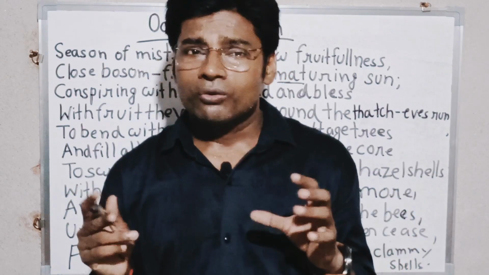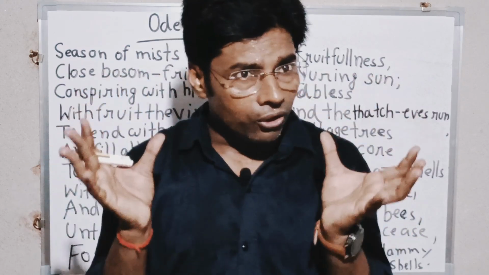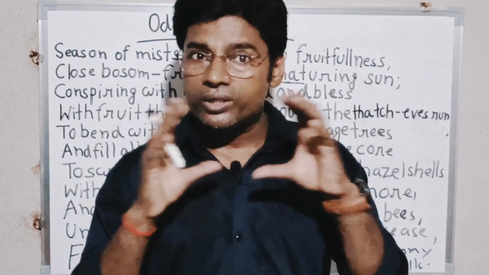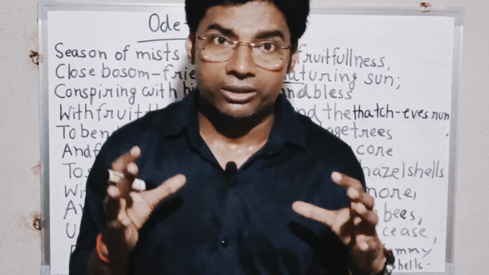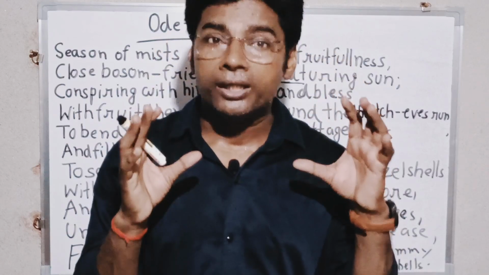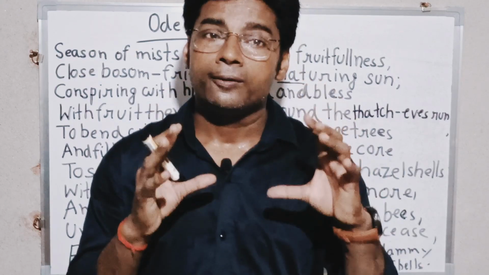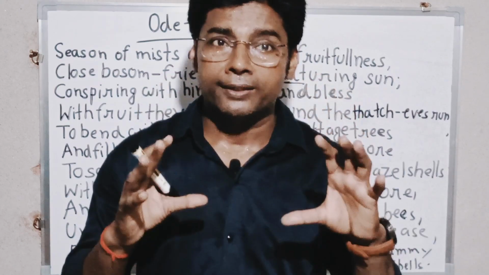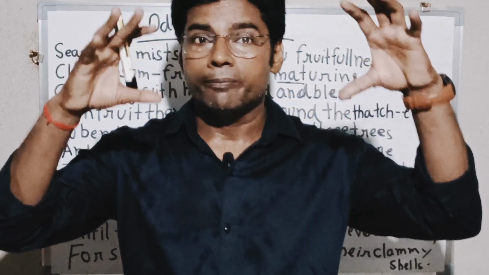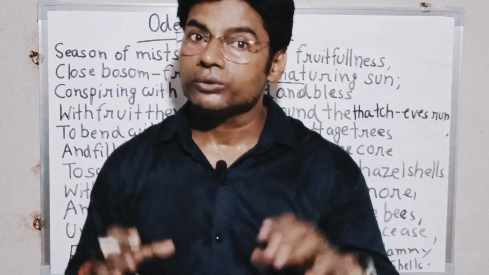So you can imagine the autumn. How does the autumn season look? We can imagine that wherever our eyes go, we only see flowers and fruits in so much abundance that the branches, the boughs of the trees, almost bend down and touch the ground.